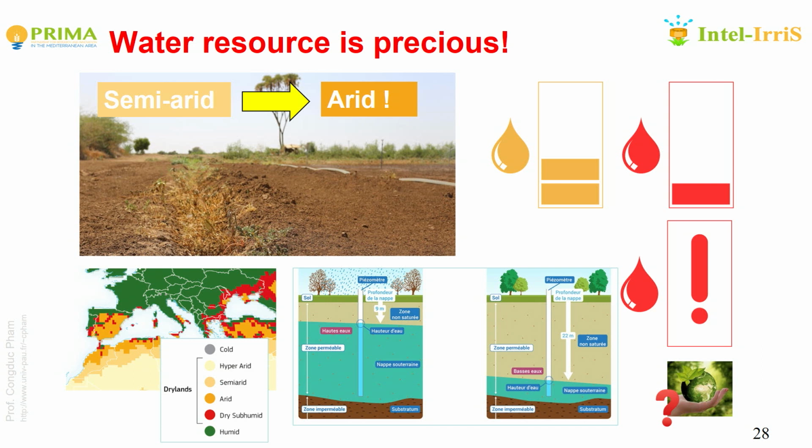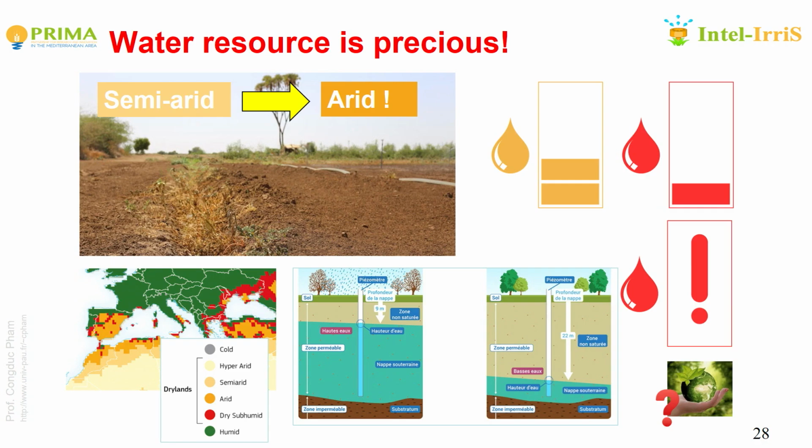And we all know that the amount of water available for humans is dangerously low as time goes by, and we are moving to a period where water resources are going to be very scarce.